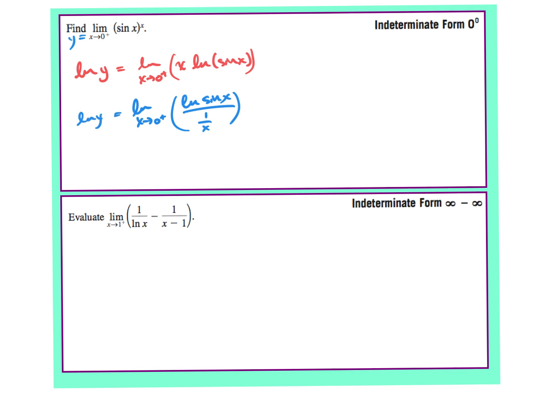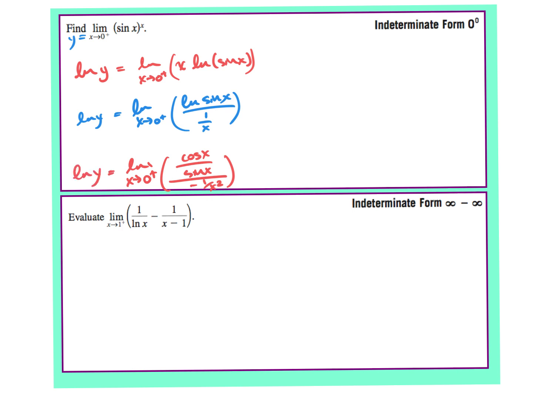So what's the derivative of natural log sine? Cosine over sine, good. So cosine pops up, sine stays in the denominator. Everybody agree? And then it's over, what's the derivative of the denominator? Negative 1 over x squared, as my limit as x approaches 0 from the right.